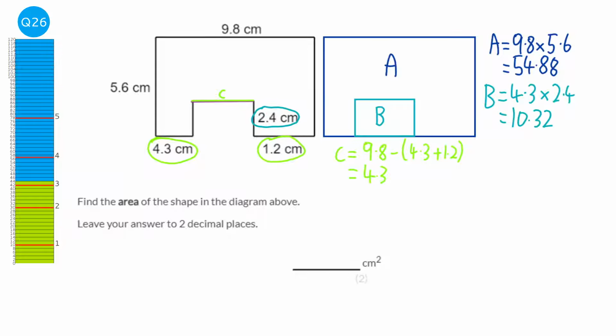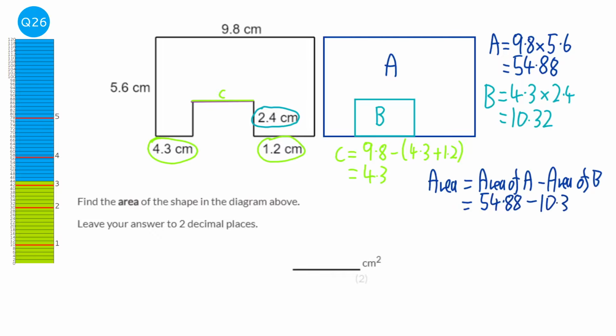Now to work out the area of the whole shape, all we need to do is the area of A take away the area of B. So the area of A was 54.88, and we're going to take away the 10.32, and that gives us 44.56.